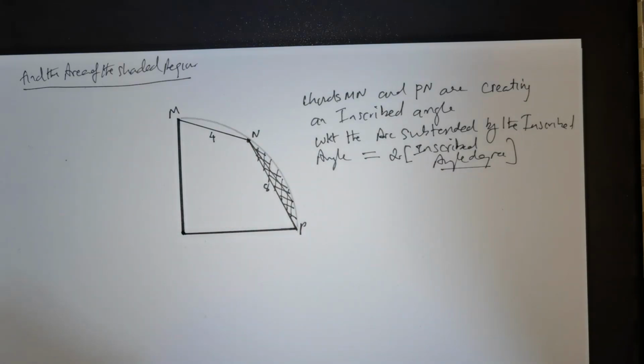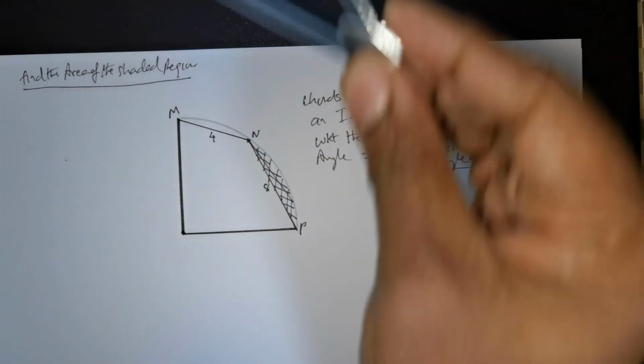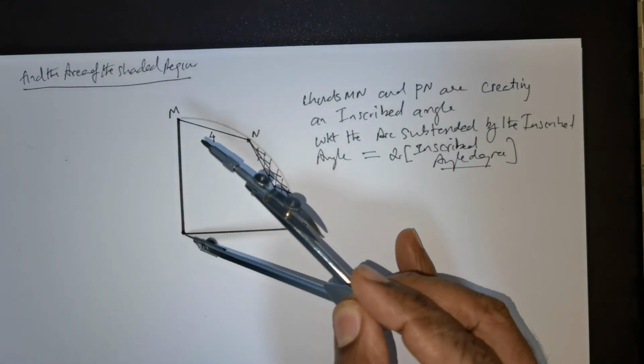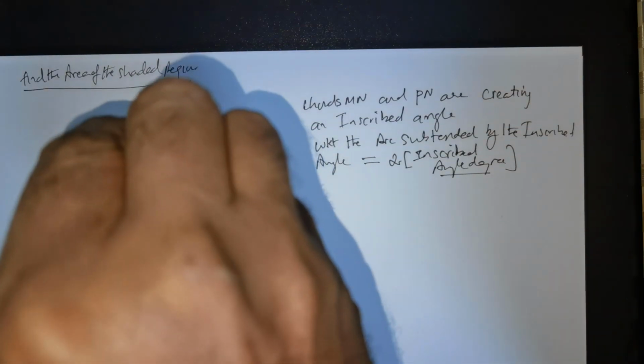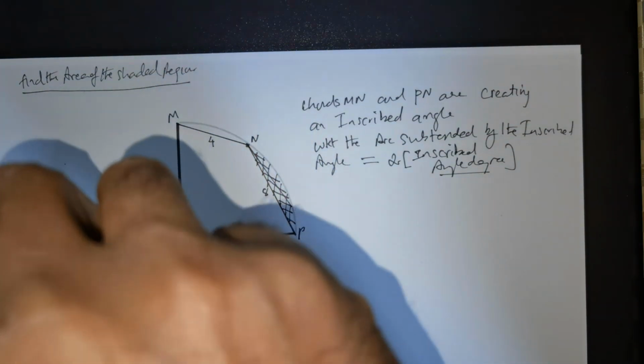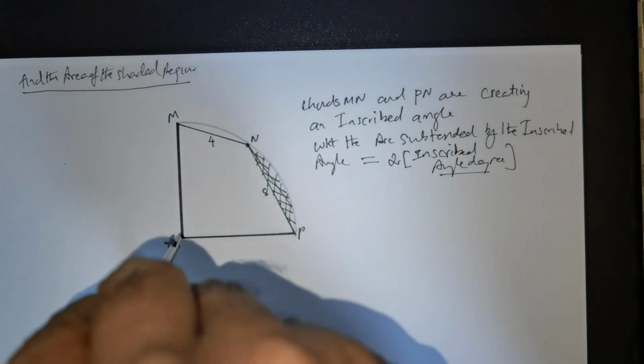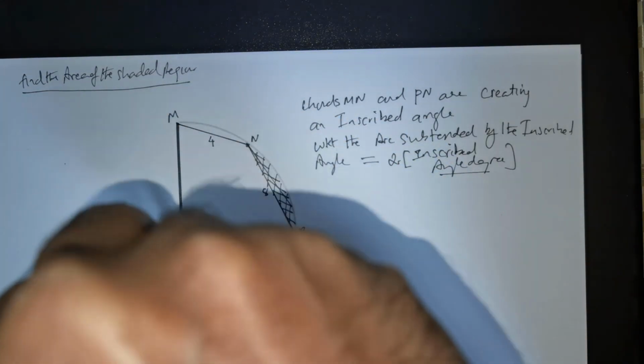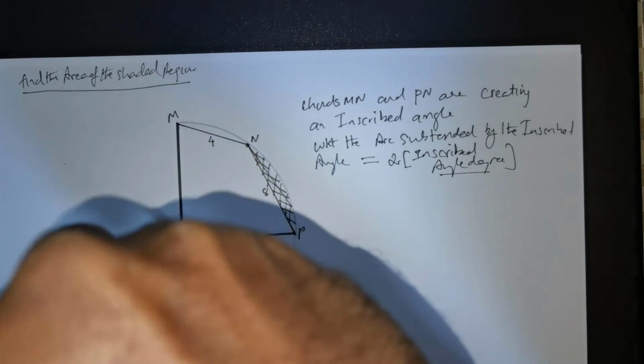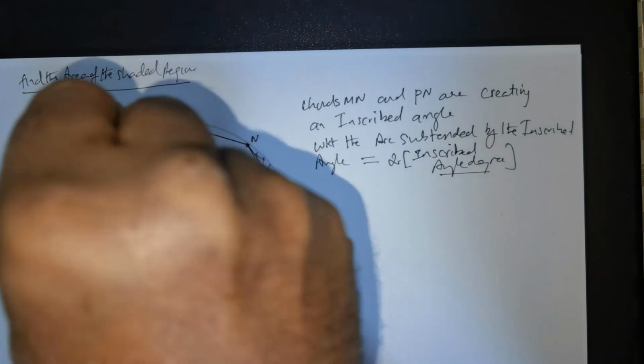So having mentioned that all important property from geometry, what I'm going to do is complete this quarter circle. Let me complete this. Okay, that's beautiful.